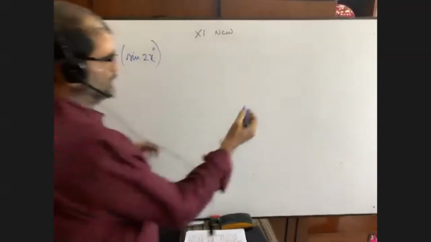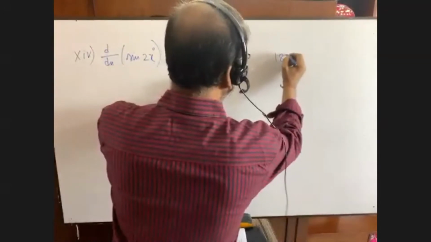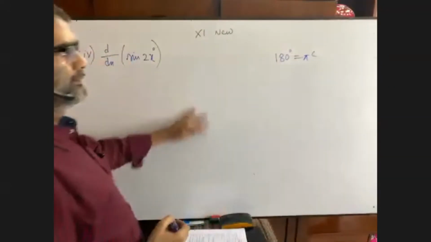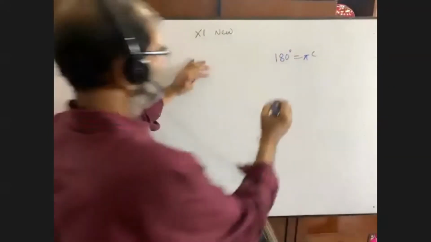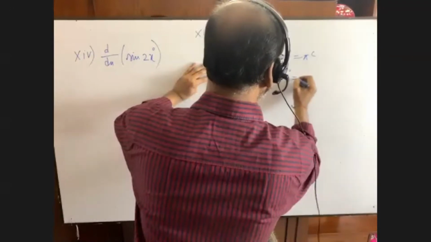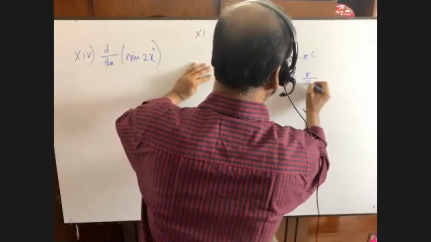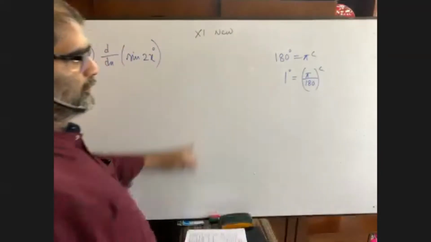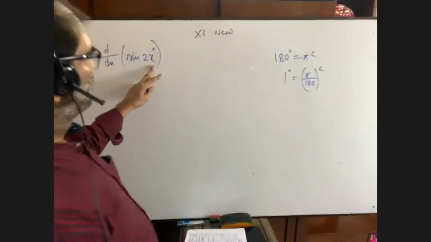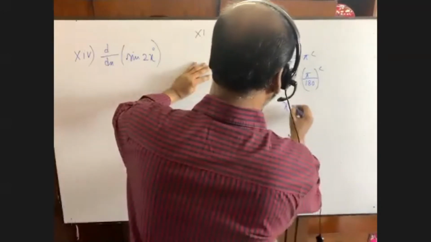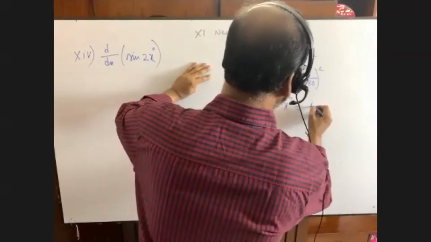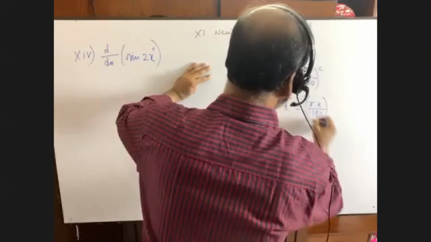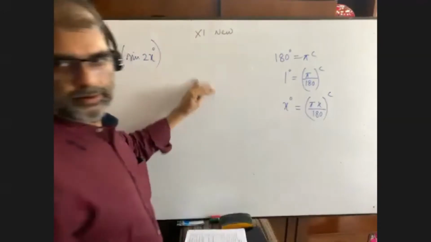So write down here 180 degree equals pi radian, right? Then 1 degree equals pi by 180 radian. Is it okay? Then x degree equals what? Pi x by 180 radian.